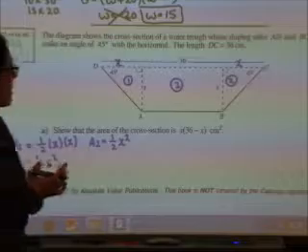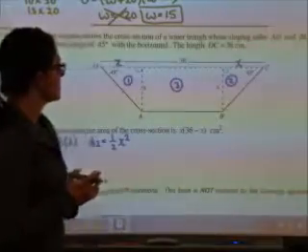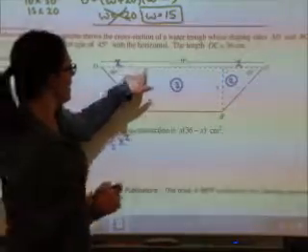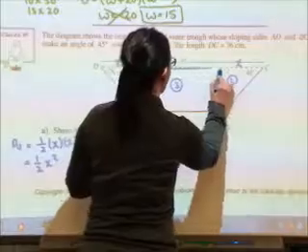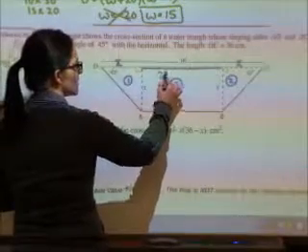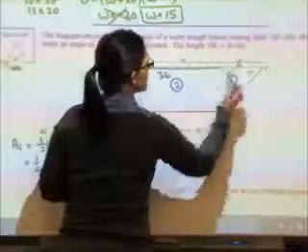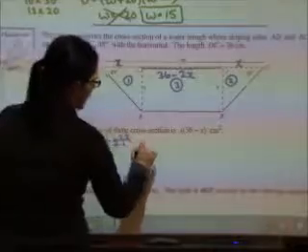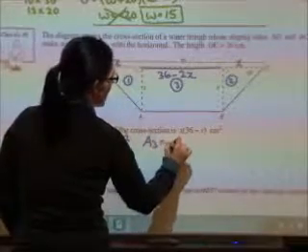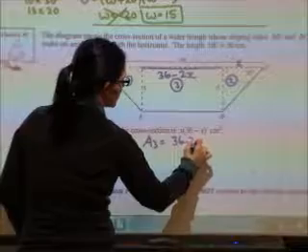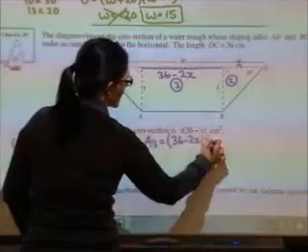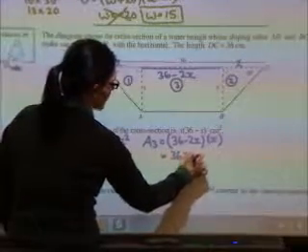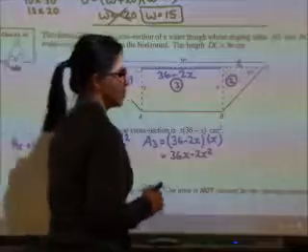I have the same thing with my second area. Then I've got this second part right here, in the middle. This length would be 36 minus these 2 sections, which are 2 x's. So the third area is the length, which is 36 minus 2 x's, times x. This gives me 36x minus 2x squared.